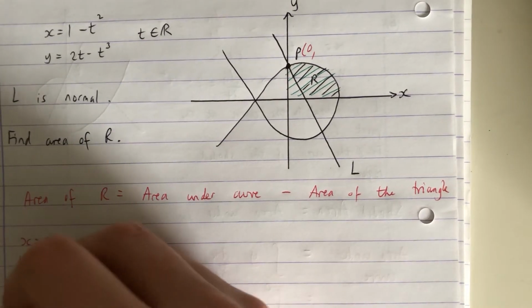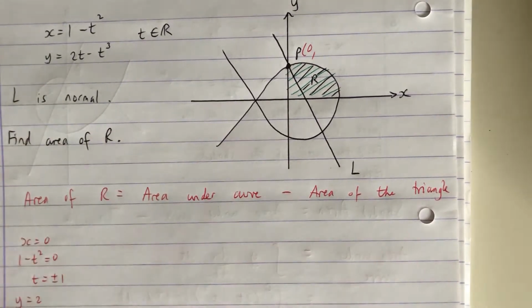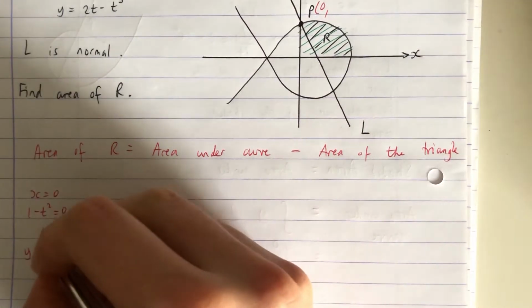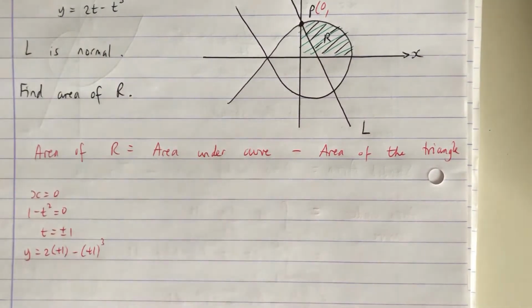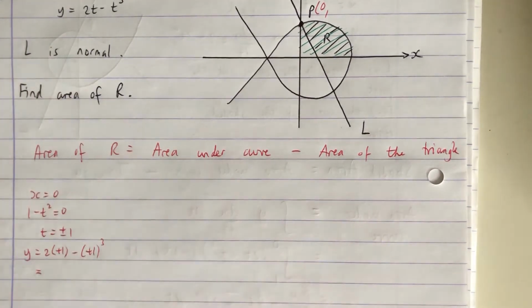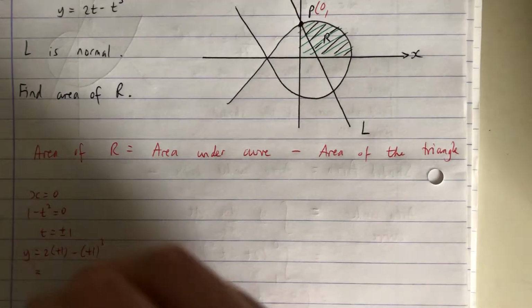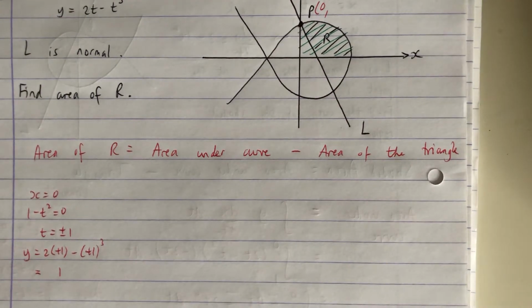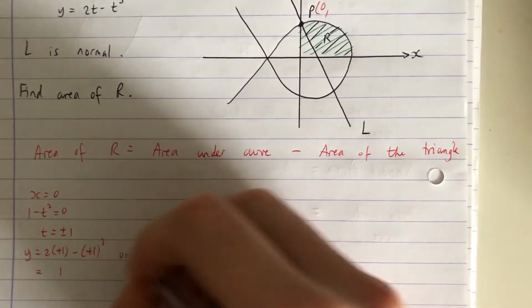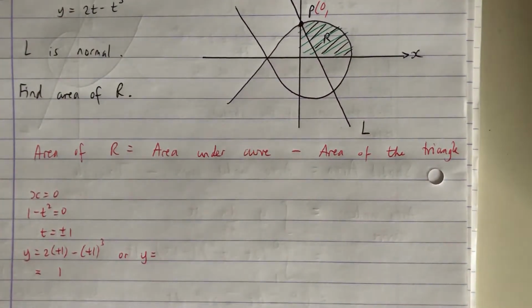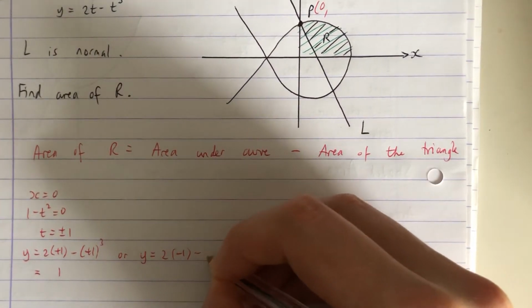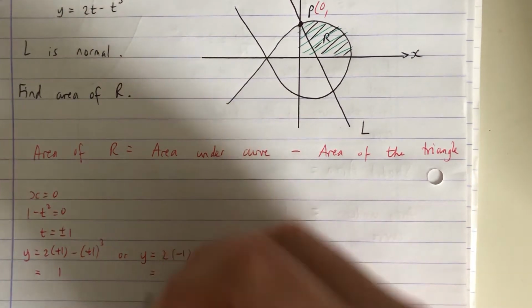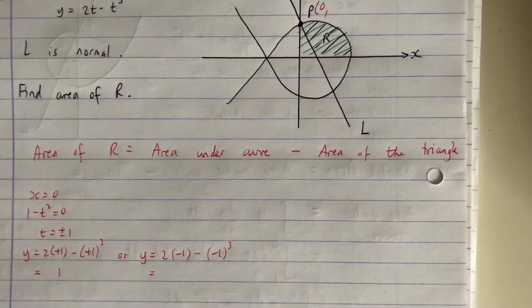So y would be equal to 2. Let's try plus 1 first. 2 plus 1 minus plus 1 cubed, which would give you 1. And the second y value would be 2 minus 1 subtract minus 1 cubed, which is equal to minus 1.